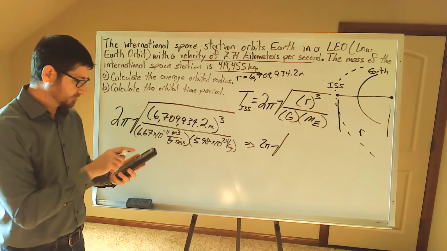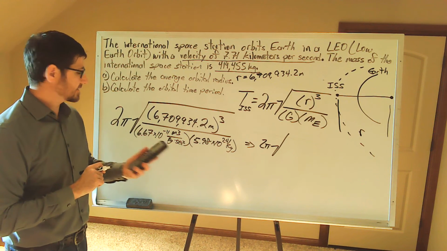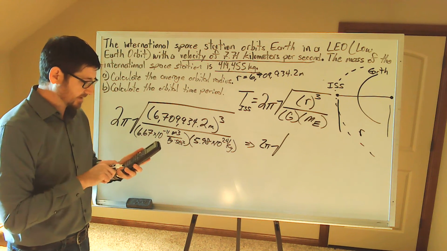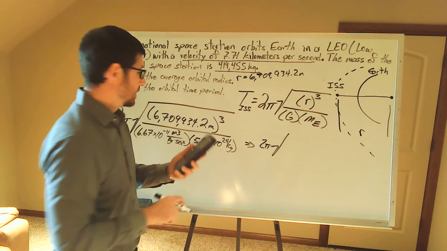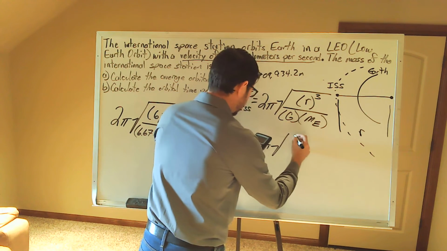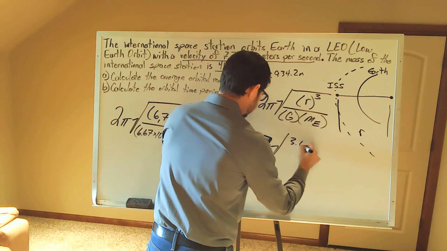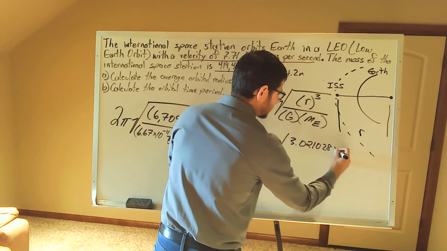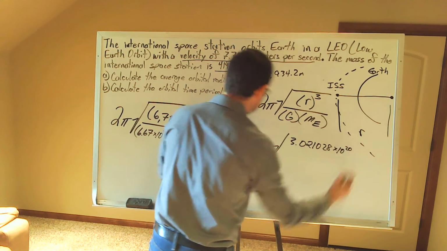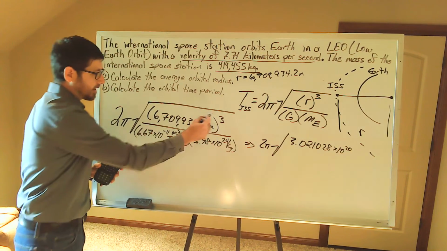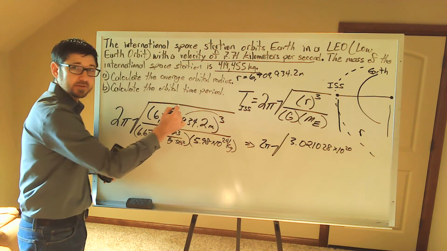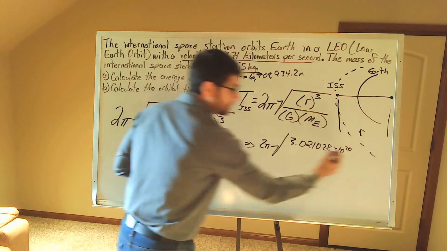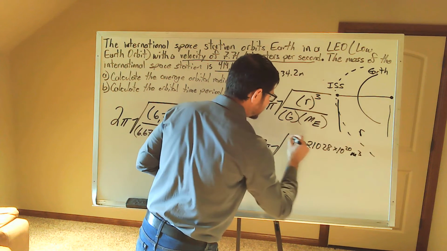So the 6,709,934.2, I'm going to take that to the third power, which gives me a pretty large value of 3.021028 times 10 to the 20th. Right here we're cubing this, so we're cubing the numerical value and cubing the unit value. So now my units are meters cubed.